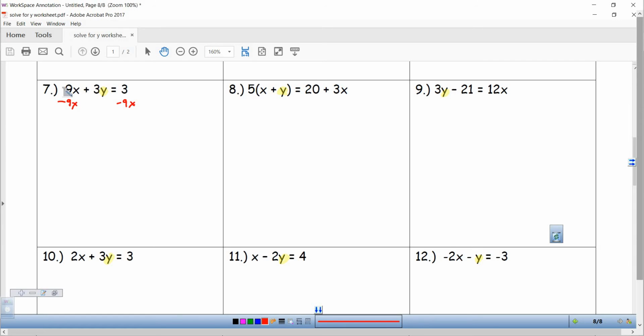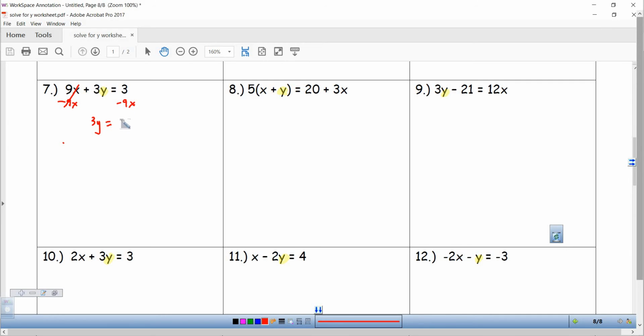So we're used to only having one variable and solving for that one variable. But now that we've got two variables here, focus on the one we want, and the variable is just going to travel with its coefficient. So that 9x is eliminated because we subtracted 9x. What's left? 3y. Now 3 and 9x are not like terms.